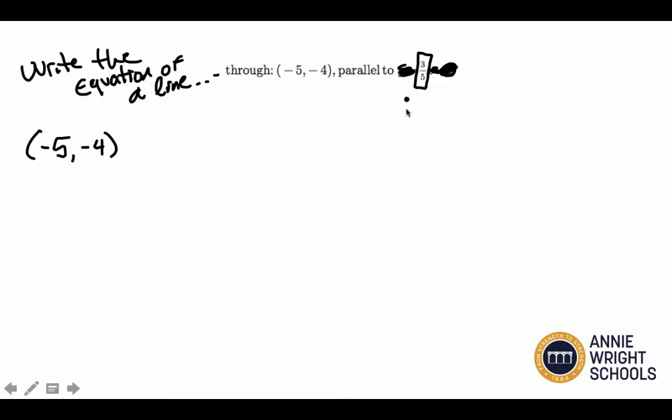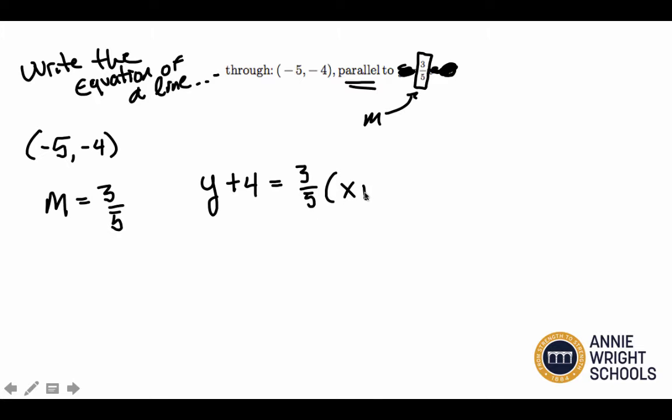We don't even need the y. We just need to know that that's the slope that we want to be parallel to. If we want to be parallel to that slope, then our slope is also 3/5. So now, using point-slope, y plus 4 equals 3/5 times x plus 5.